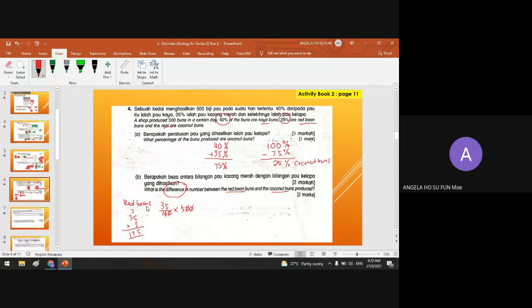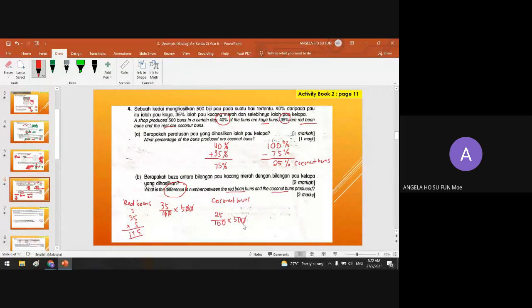Then after that, do another one, coconut buns. Coconut, how many percent just now? From A, you know already. The percentage of coconut buns produced is 25. So 25% multiplied by 500 buns.